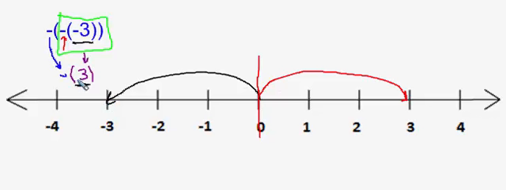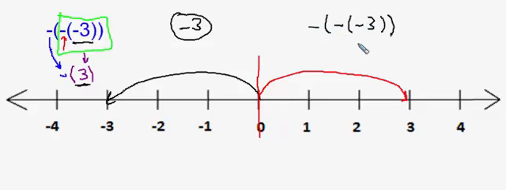So the opposite of +3 is -3. This may be a bit confusing that we swapped back and forth, but if you wanted to summarize, here is the problem that we were given, and we started with -3. The opposite of that would be +3, and then the opposite of that would be -3. So our final answer came out to be -3.